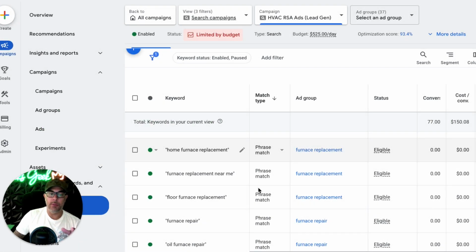And I know for a fact we do for this guy, because every HVAC client we have, we go through the local maps area and pull the main competitors' names, and we phrase match negative them. So our ads are not triggered when someone searches ABC HVAC company near me, right? That's not a good keyword. If our company's XYZ, we don't want ABC search terms, right? So it's important if you're going to run phrase match in any campaign.